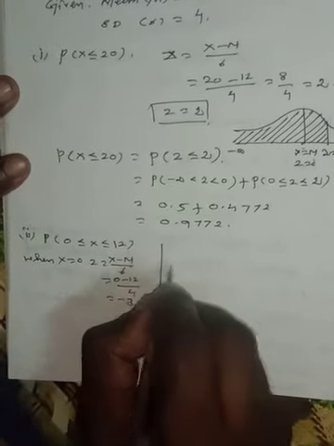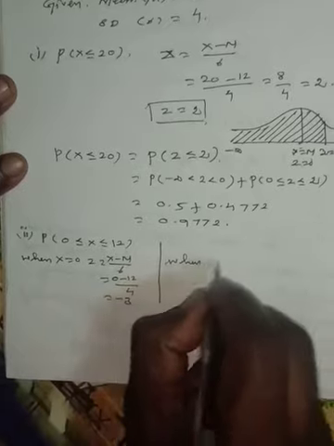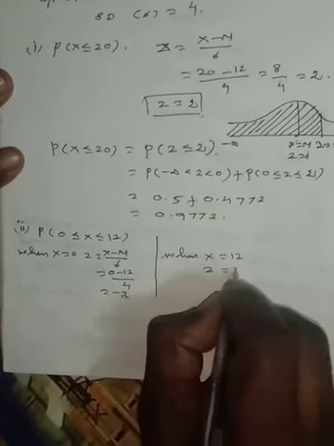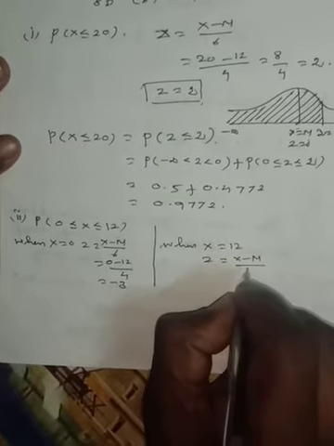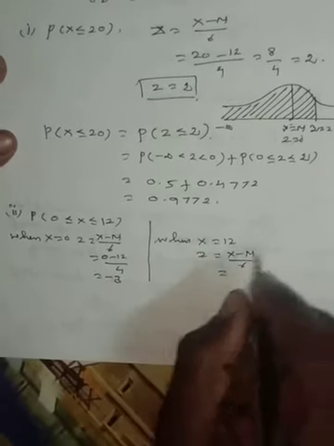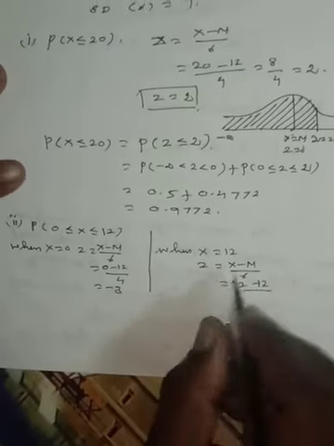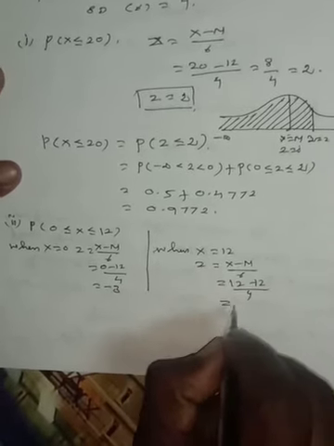Next, when x is equal to 12, z is equal to 12 minus 12 divided by 4, which is 0.